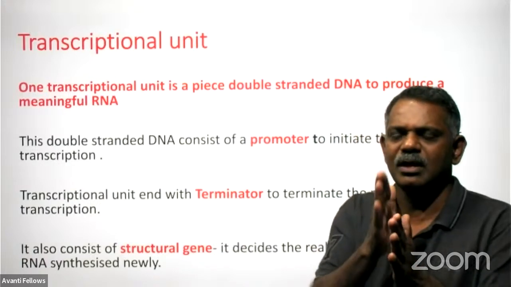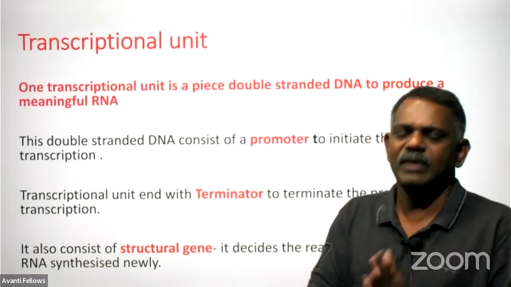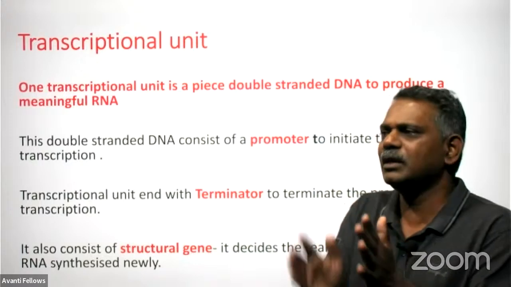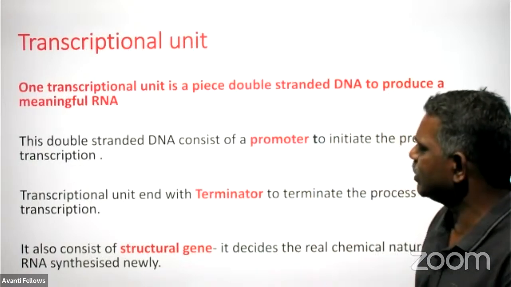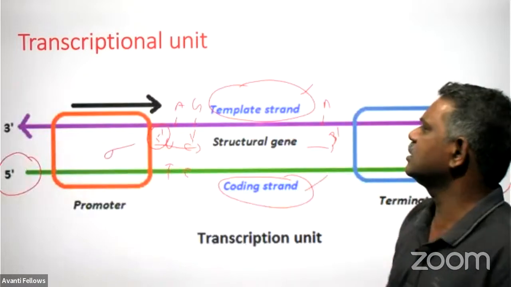Chemical nature means what? Nitrogenous base sequence. That is the chemical nature of the RNA. The arrangement of what? The ribonucleotides. That sequence only determines the meaning of the RNA synthesized, and it depends on the structural gene present in between the promoter and terminator only.